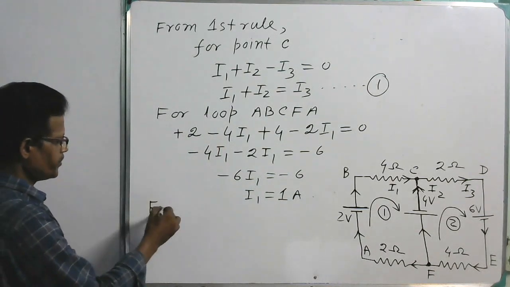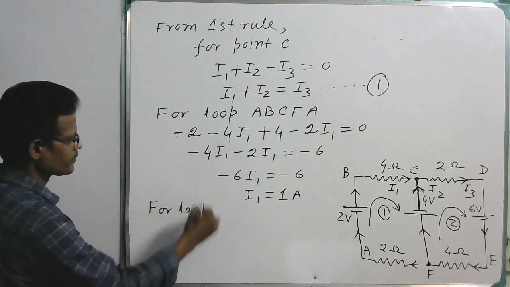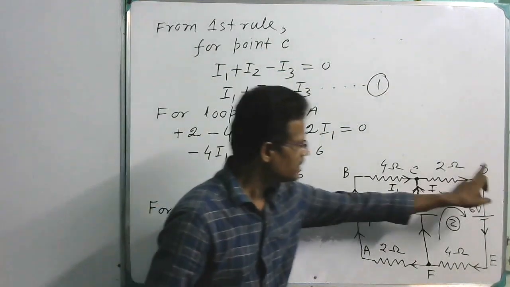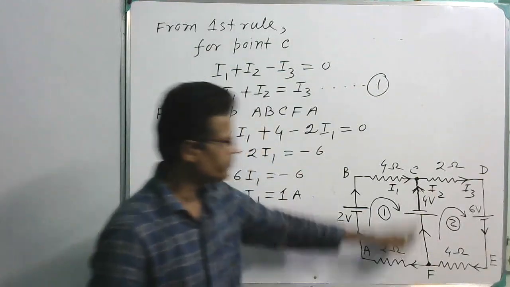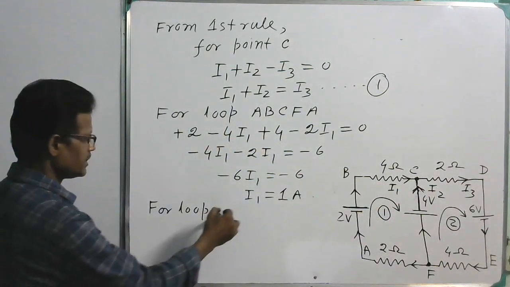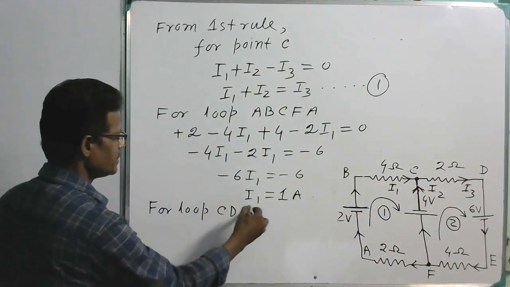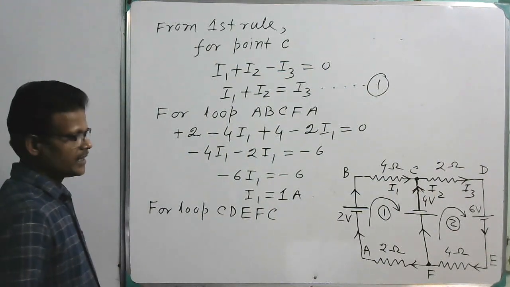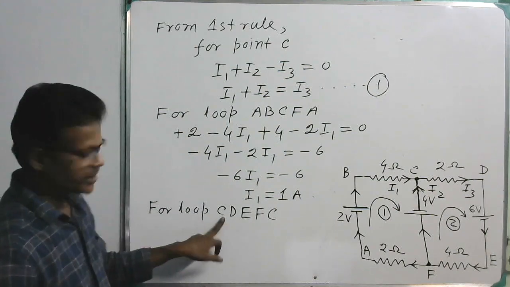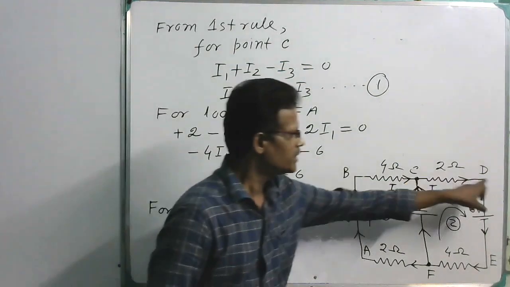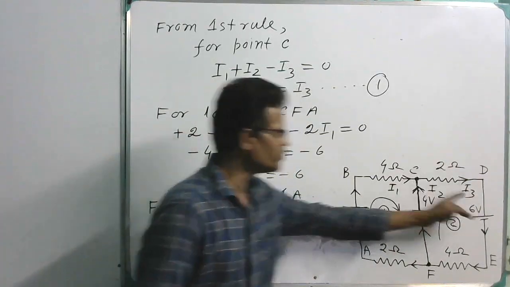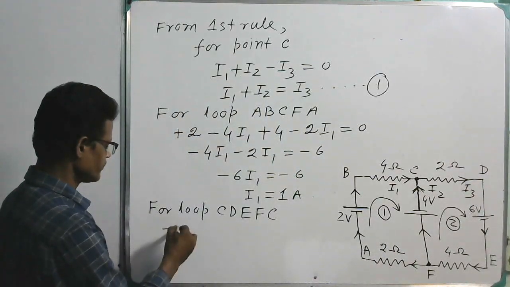So for loop C D E F C. So proceed from C to D in the direction of current. So that is -2 into I3.